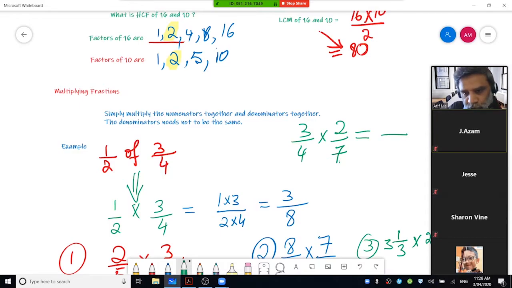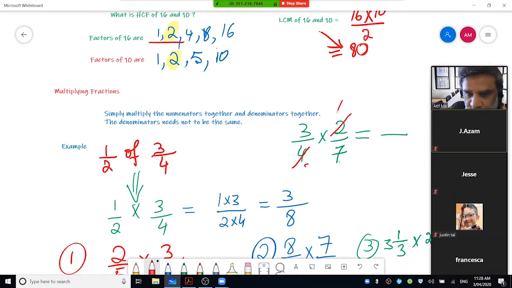So it would be 4 times 7, which is 28. But there is one thing you can do to simplify that: there is something in the numerator and denominator from the same table, so we can say 2 times 1 and 2 times 2. So this now becomes 3 times 1 is 3 and 2 times 7 is 14. So this is something we can do.